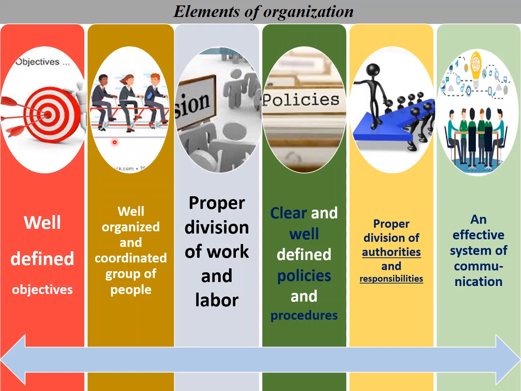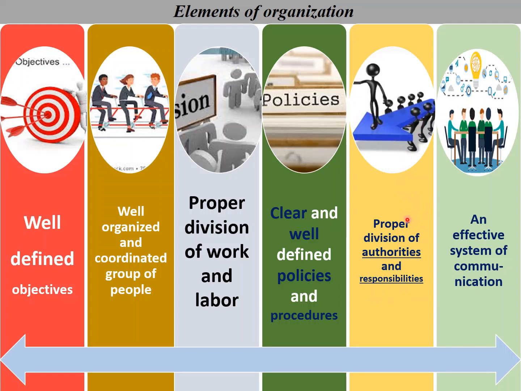See, this is the diagram. The proper division of work and labor must be there in the organization, along with clear and well-defined policies and procedures. This is useful with the proper division of authorities and responsibilities with the leading managers.